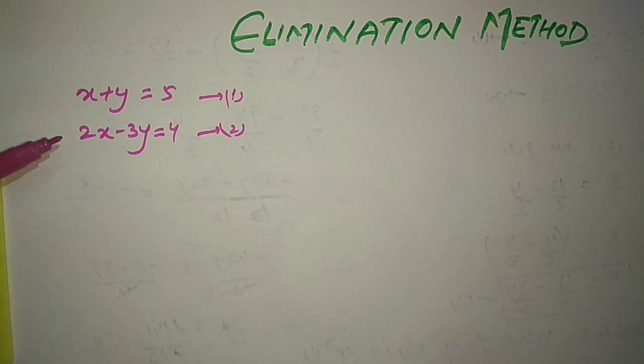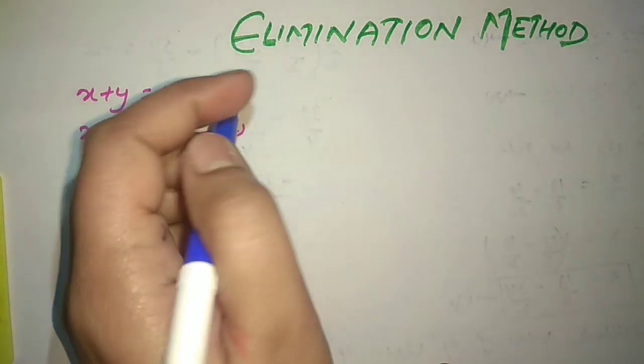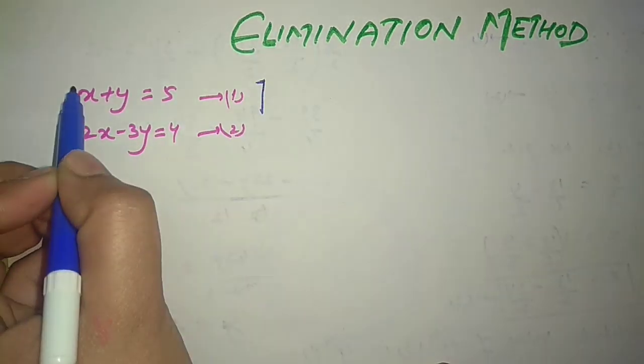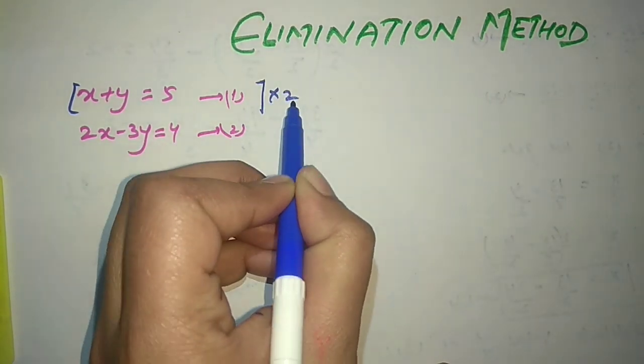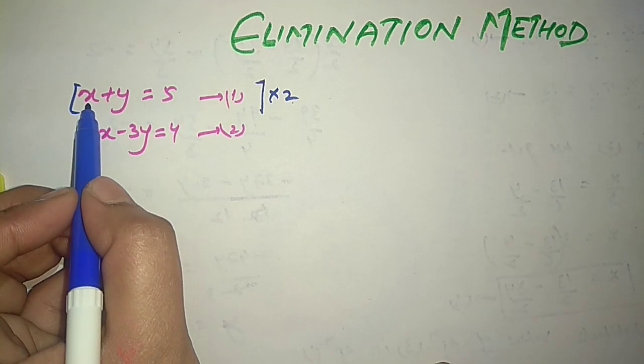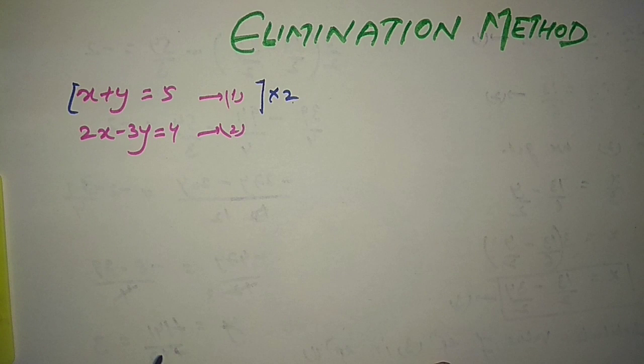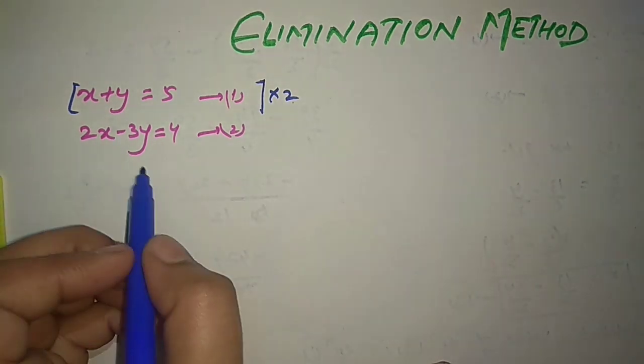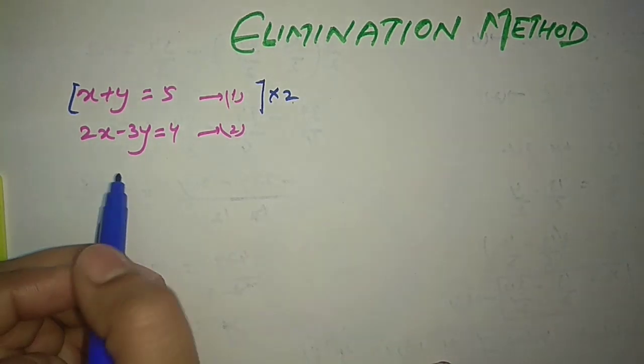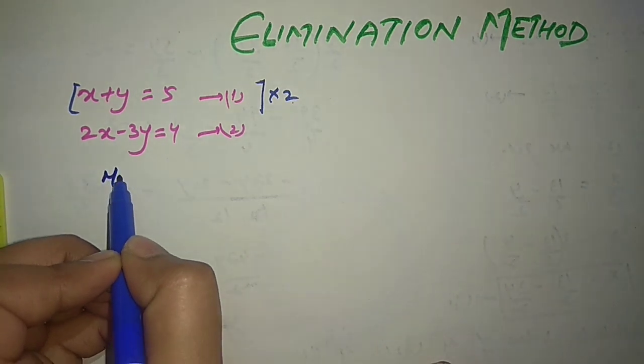So make the coefficient same. How will I make it? I will multiply the first equation by 2. On multiplying with 2 we get 2x and the coefficients become same. So first step is this. So I am multiplying the first equation by 2.